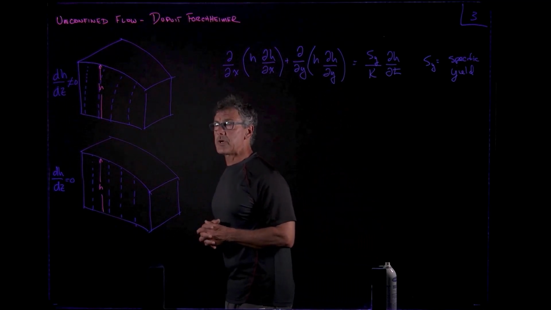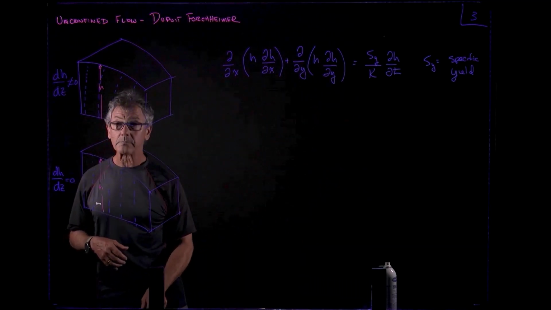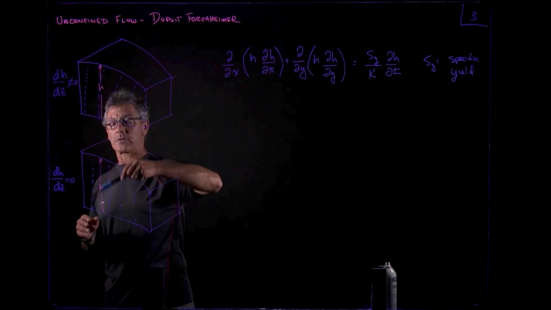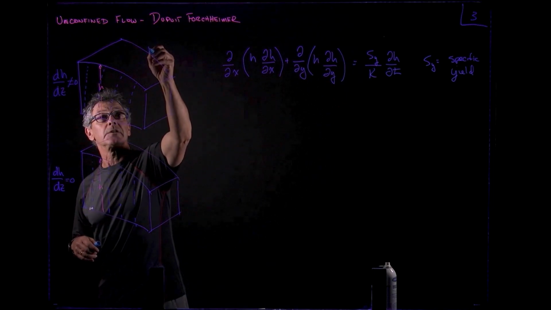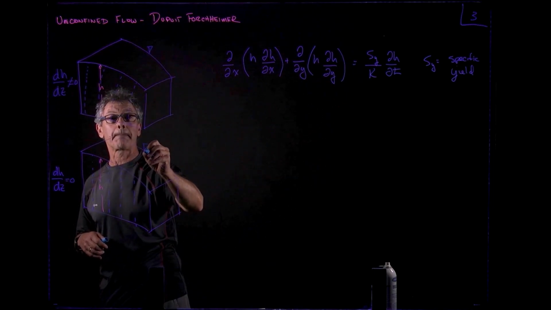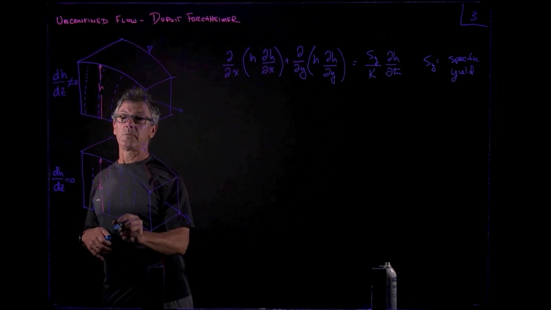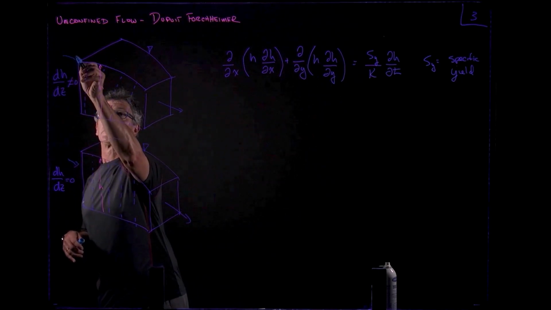So we have a situation that's something like this, where we have potential lines, of course, that are perpendicular more or less to the water table, which is here. This is the top of our box. And so we still have flow coming out, and we still have flow coming in.